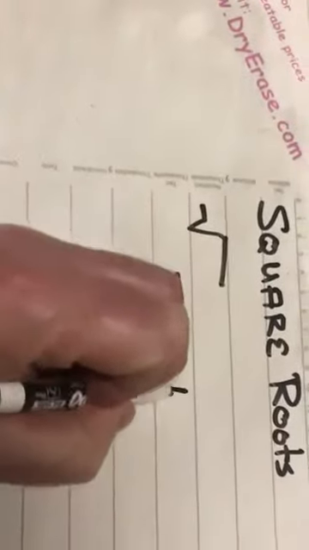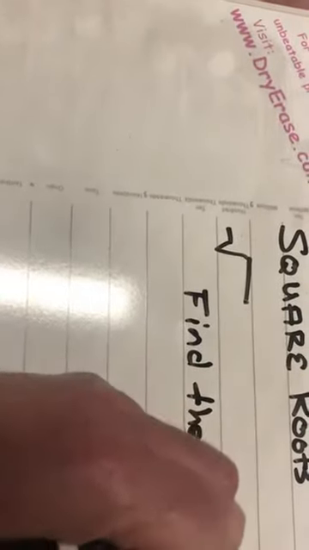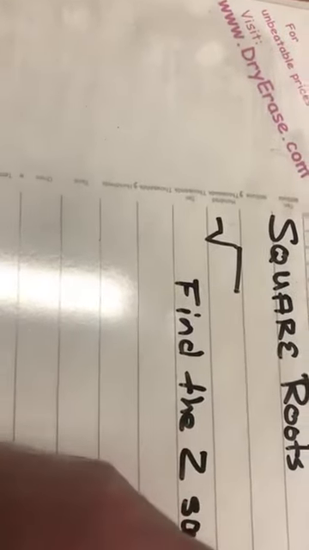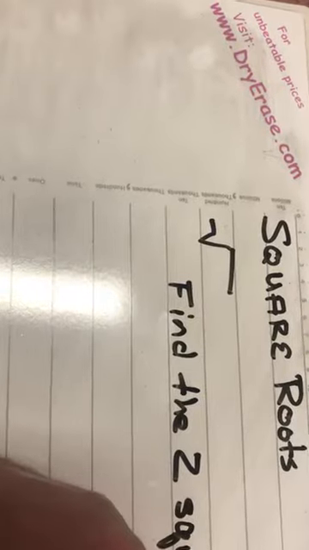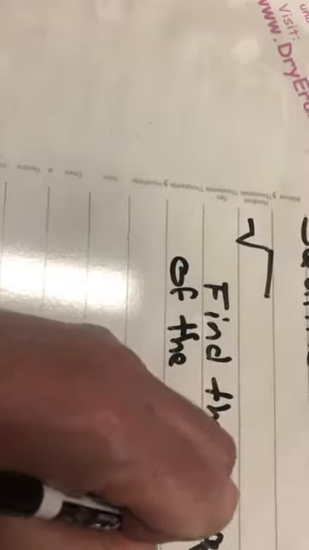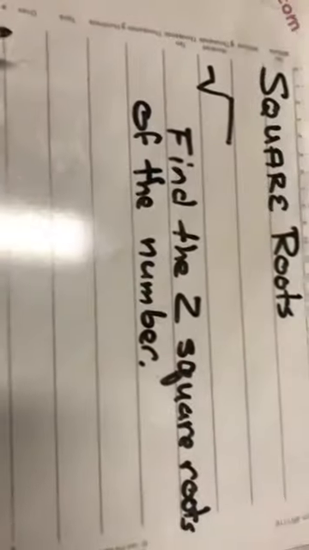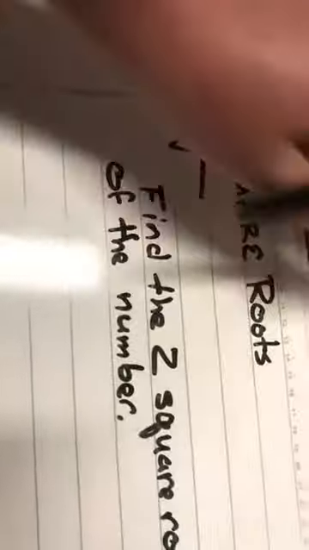So the first set of directions that you're going to be working with tell you to find the two square roots of the number. Now, if you really think about it, all numbers really have two square roots.